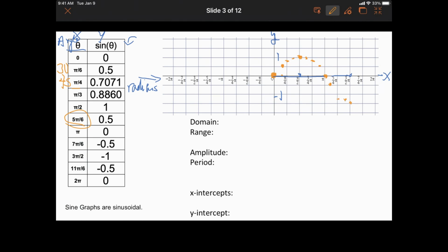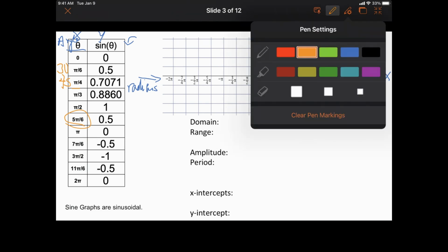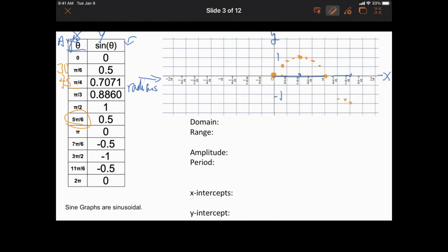Okay. And then coming down, half is going to, oh, that was the wrong point. Sorry, that wasn't half. No, it's up here. Oh, it was half. Sorry. Half is about here, and 2 pi is 0. Okay. So this one's about there.